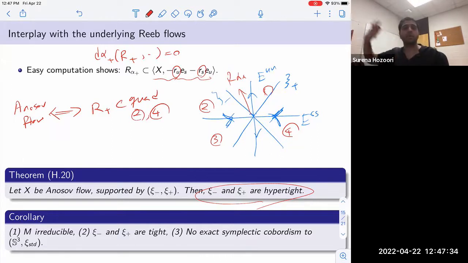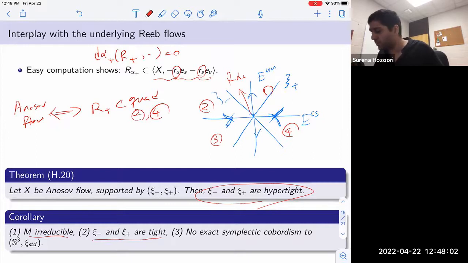And just from the work of Hofer, Wysocki, and Zehnder, we can get some free corollaries from here. For instance, we can show that M is irreducible. These two contact structures are tight. M being irreducible is a very classical fact in Anosov dynamics, and these two contact structures being tight also followed from the previous theorem.